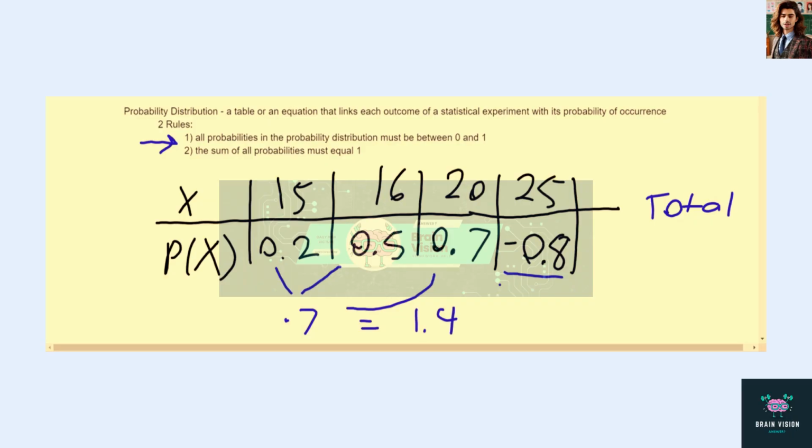And then if we add our negative 0.8 in, we still end up with a total of 0.6, which still doesn't equal 1. So both of our rules are not being followed with this distribution. So we know this example absolutely cannot be a probability distribution.